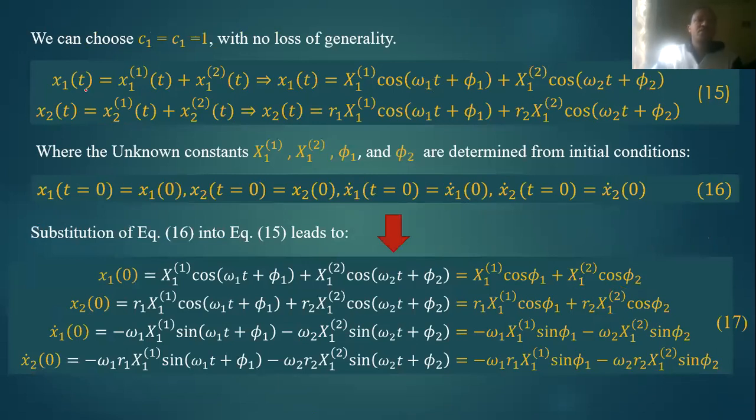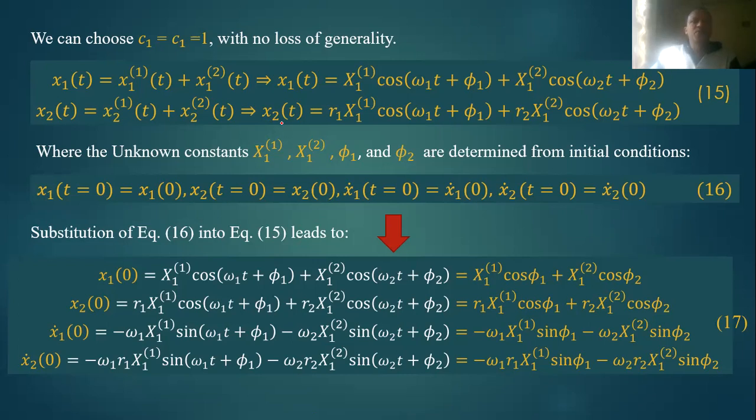So that superimposition is this one. x1 of t is equal to x1 in the first mode plus x1 in the second mode, which implies x1 of t, the solution of the first equation of motion, should be x1 of 1 cos(omega 1 t plus phi 1) plus x1 of the second mode cos(omega 2 t plus phi 2).